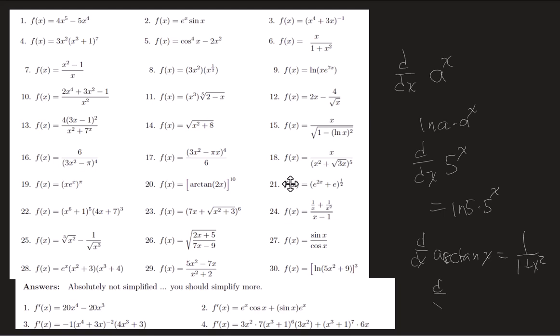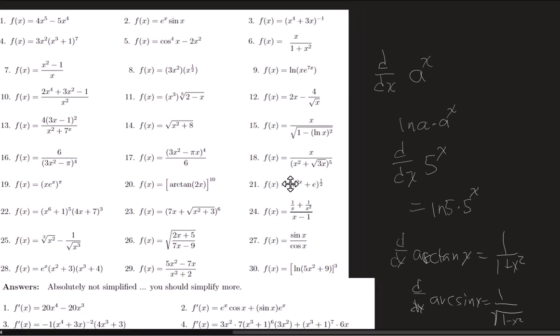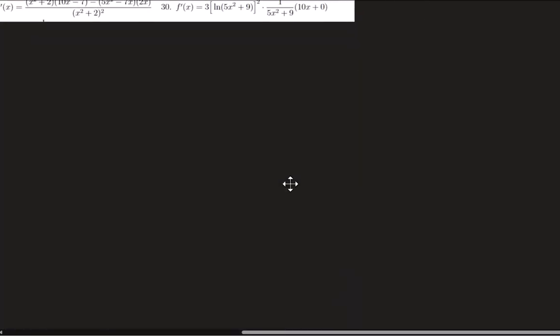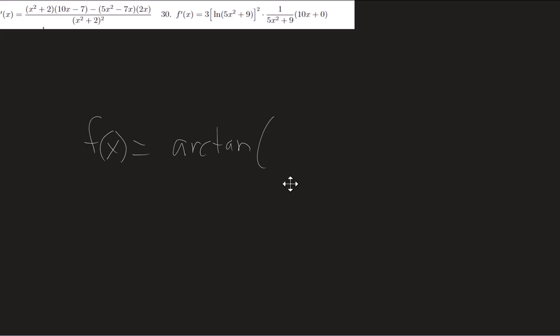You do have to be careful with that one, so let's just do this for fun real quick. Let's say that my function is f of x equals the arctangent of 5x squared. So the derivative of arctangent, I said, was 1 over 1 plus x squared. Well, that's the derivative of arctangent of x.